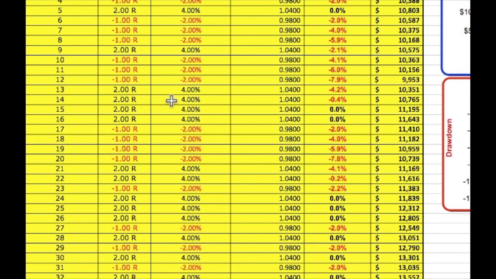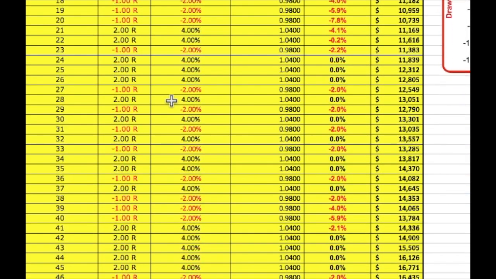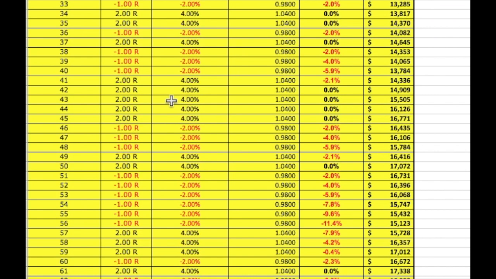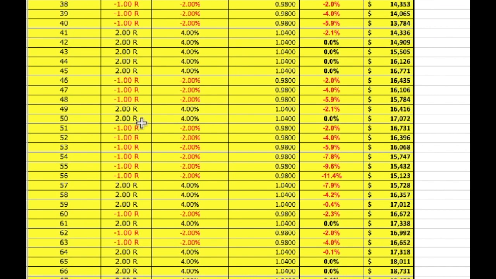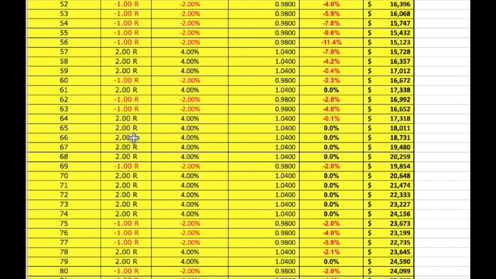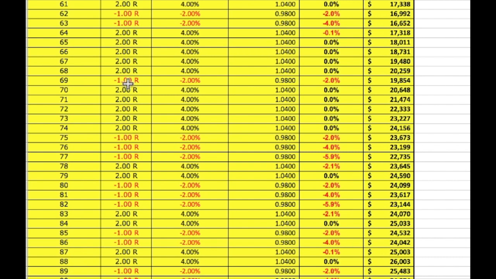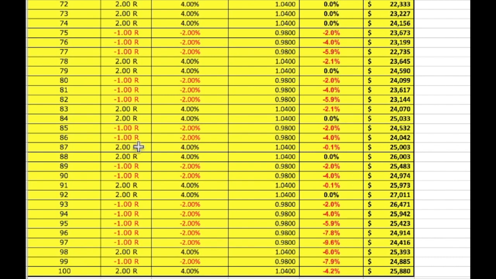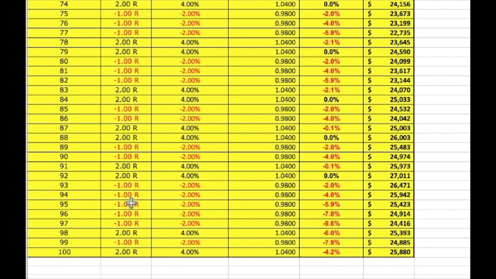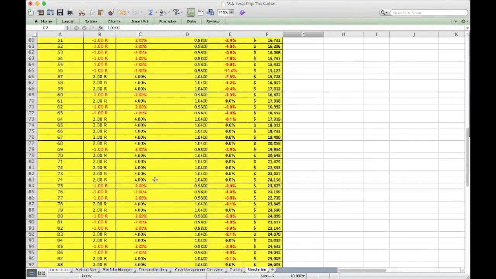Now, if I scroll down over here, there will be a situation where you get a series of losses in a row. In fact, 1, 2, 3, 4, 5, 6 losses in a row. But at the same time, you will eventually get 6 wins in a row. And over here you can see again, 5 losses in a row.